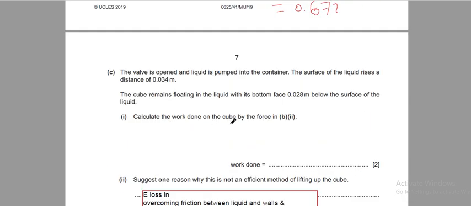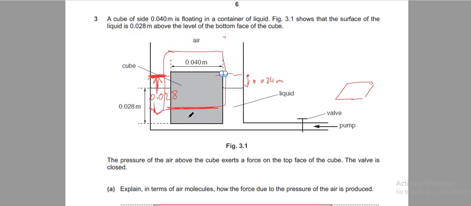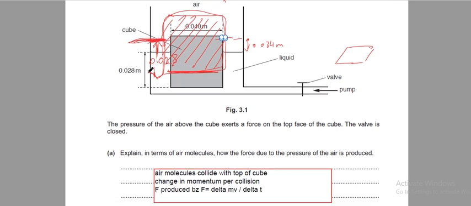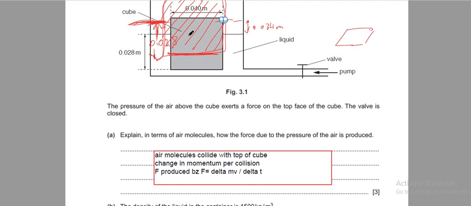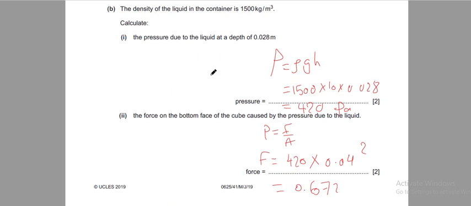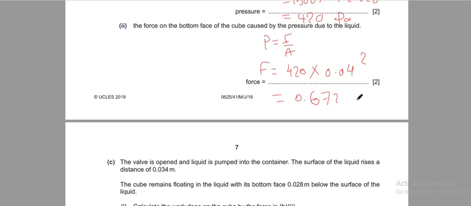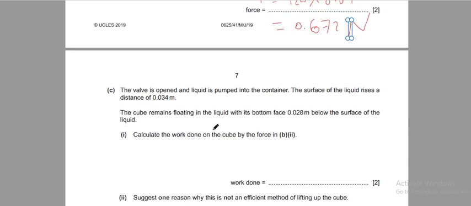Calculate the work done on the cube by the force. As we have the bottom of the cube at the same level as before with respect to the liquid surface, we have the same force that the liquid applies on the bottom of the cube, which we calculated here. To find the work done, we should multiply this force by a distance.